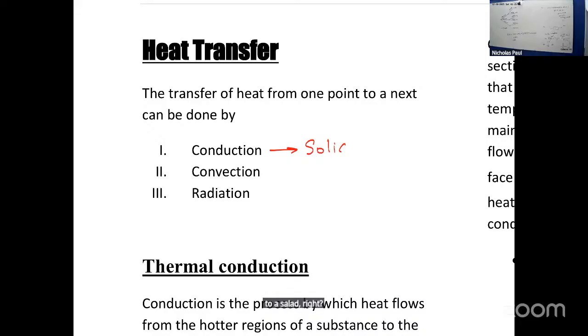Convection is through a what? Through a fluid. And radiation is heat transfer via EM radiation through a gas as well, but also through a vacuum.